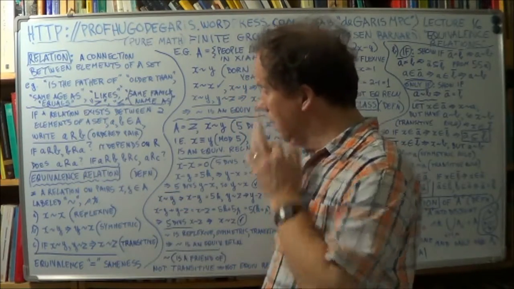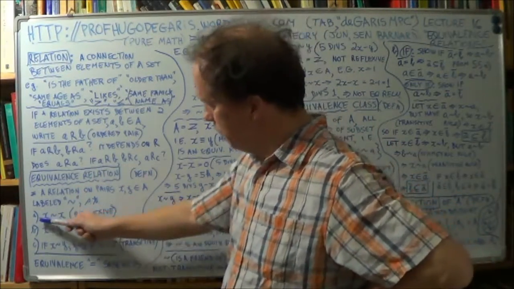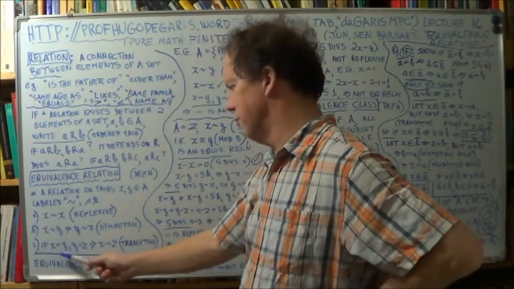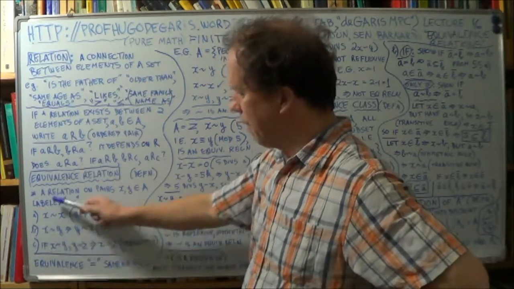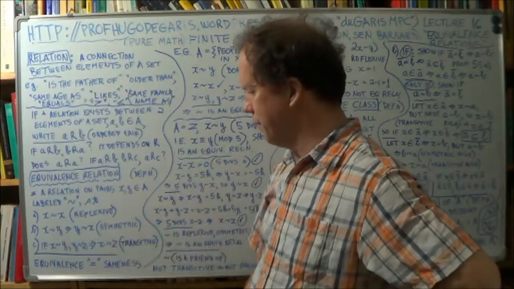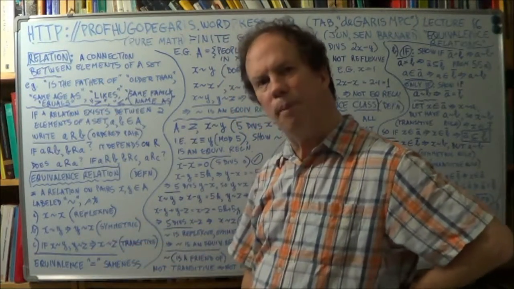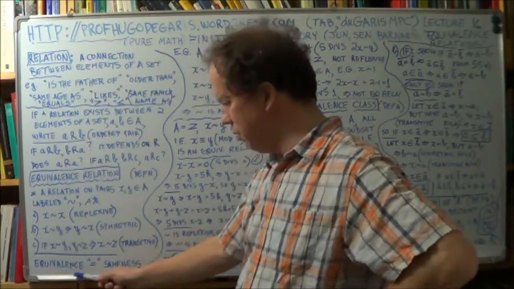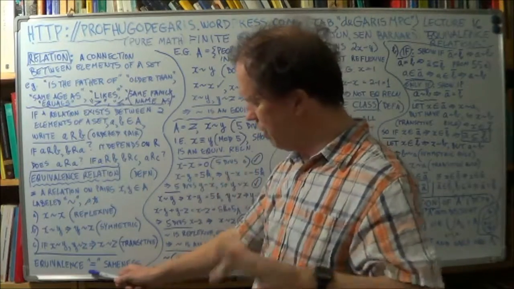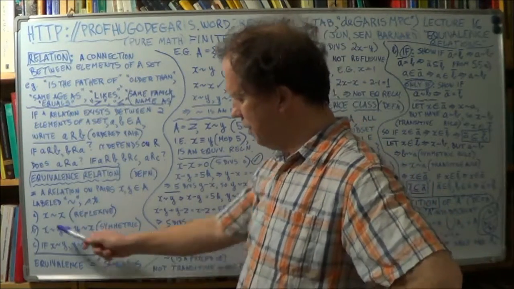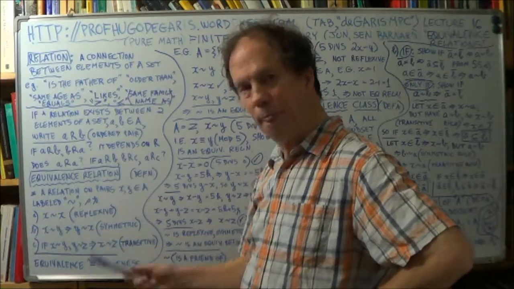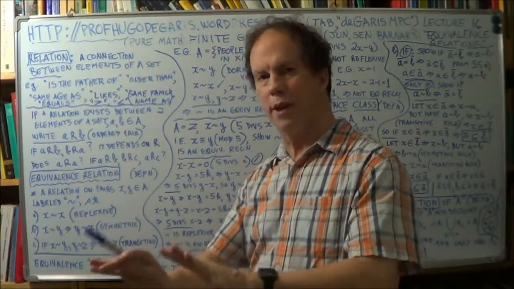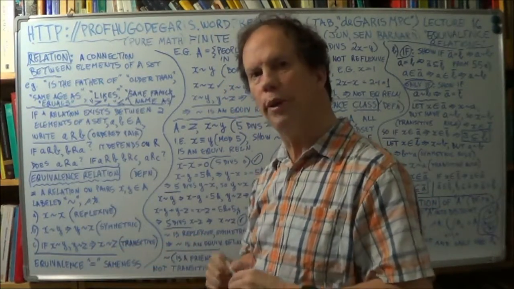And why is that? Well, if you have a relation between pairs x and y, x, y, z, that have all three of these properties, then they're sort of the same. So that's why I use this word equivalence. So it's sort of roughly these pairs x, y, they're the same somehow. They have certain properties in common.